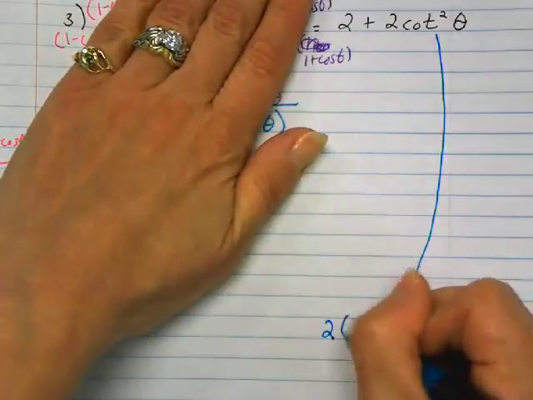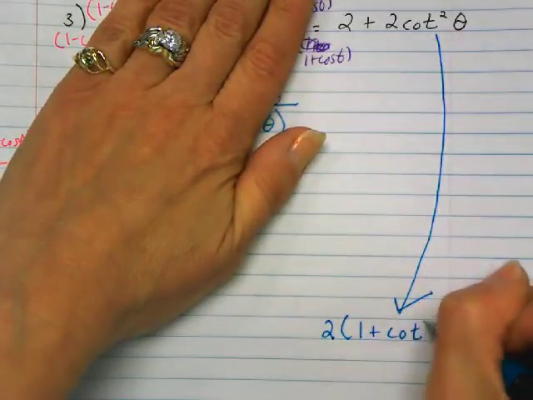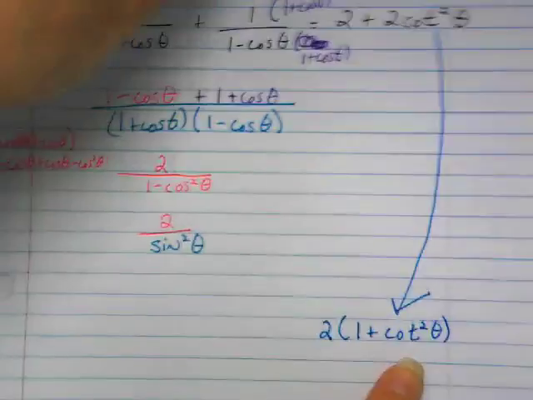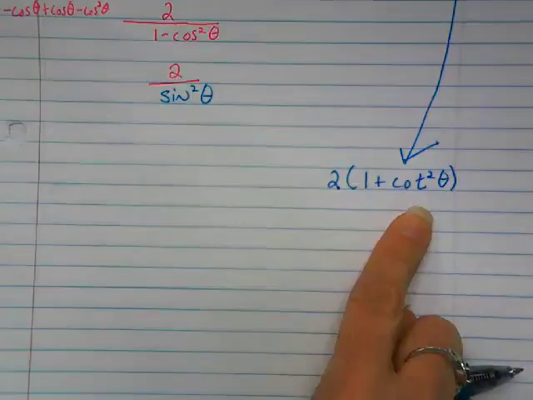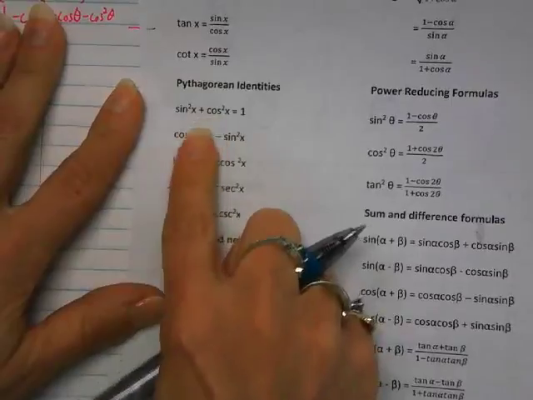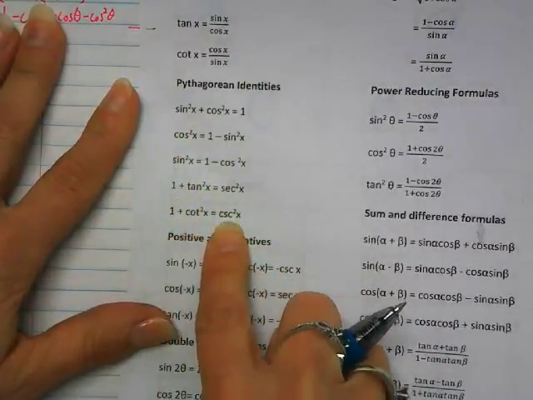Times, so if I factor out a 2, I get 1 plus the cotangent squared of theta. Hey, maybe he's a Pythagorean identity. Well, let's take a look. So I'm looking for 1 plus cotangent squared. So 1 plus cotangent squared. Ah, look at there. He was. And he's cosecant squared.